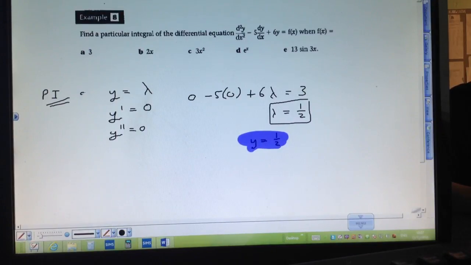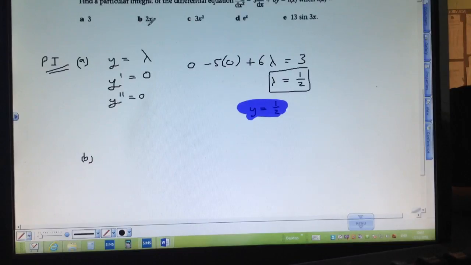So that's part A. We're going to find the particular integral this time if the function of x is equal to 2x. Now when it's equal to 2x, that means it's linear, but you could have a constant before it. So we have to be aware that we try y is equal to mu plus lambda x. We differentiate it: y dash is equal to lambda, and y dash dash is equal to 0.